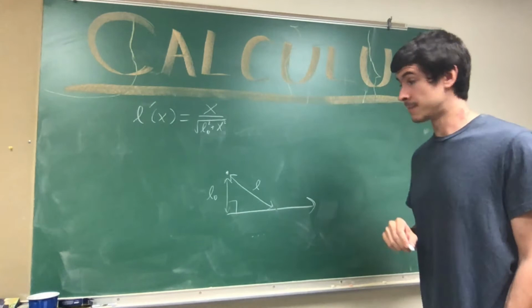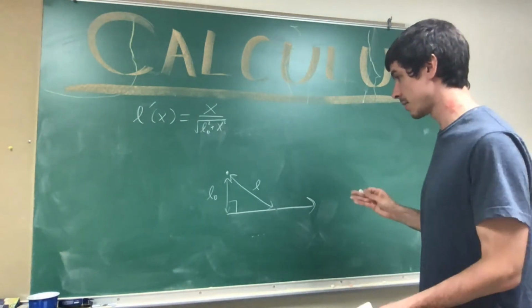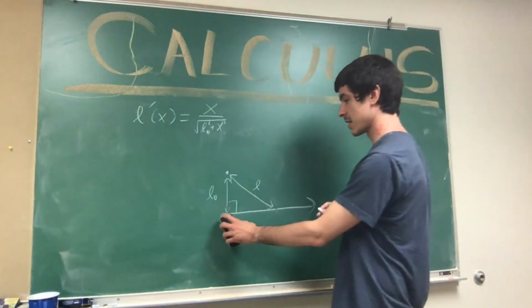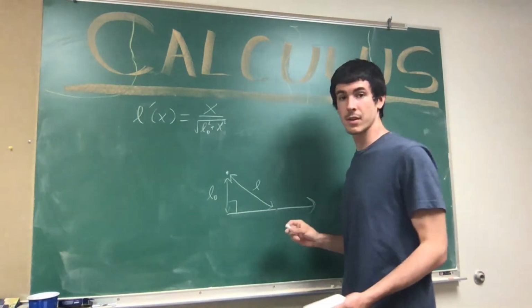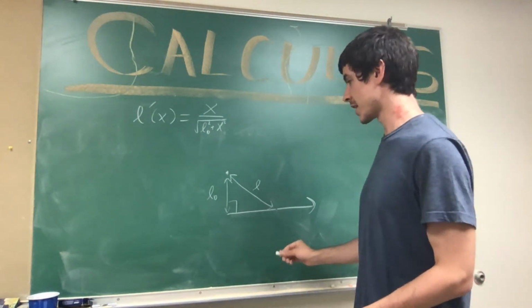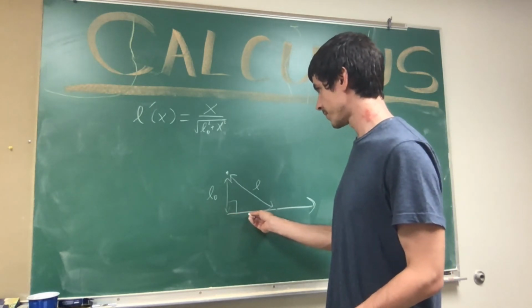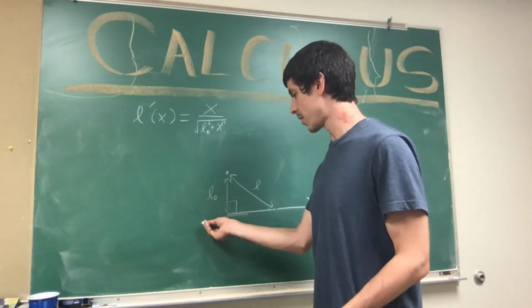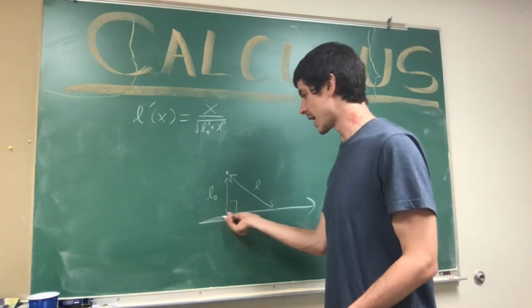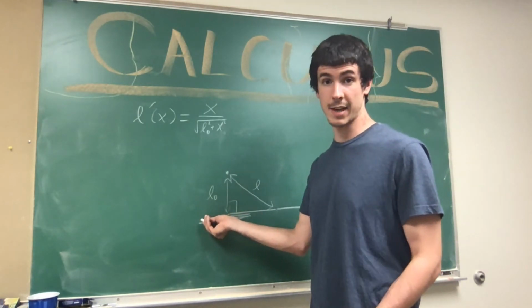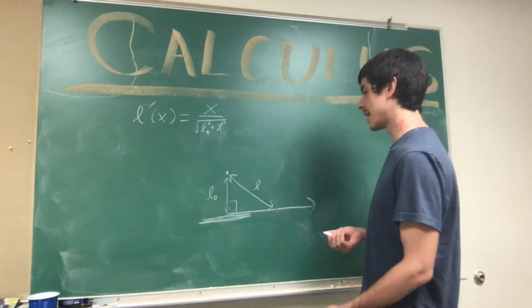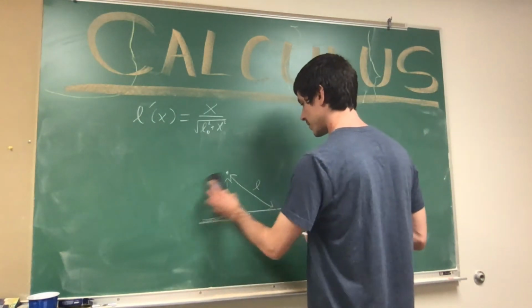Okay, so that's good, but what if we wanted x to be moving over time? So let's say, for example, periodic motion, where x is going back and forth along the x-axis, and we want to know what L is over time. So now x is a function of time, so L is going to be a function of time as well.